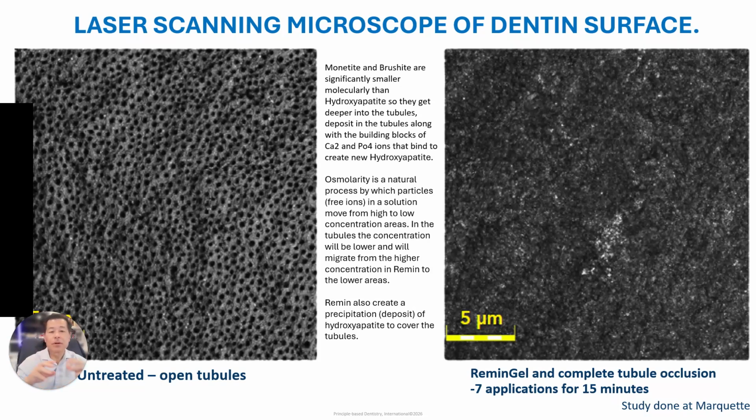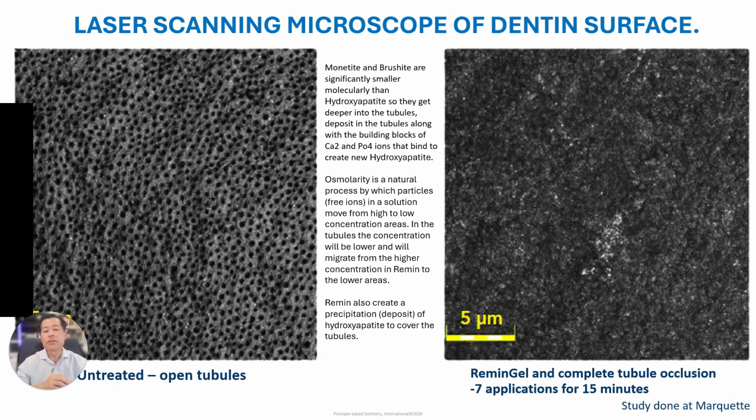And just remember osmolarity, where you go from an area that has a high concentration to a lower concentration. The body wants to equalize that, so the higher concentration will flow into the lower concentration area. And using that, because you've got this high concentration of calcium and phosphate, these free ions are going to go deeper into those tubules and start to occlude them and remineralize those areas.